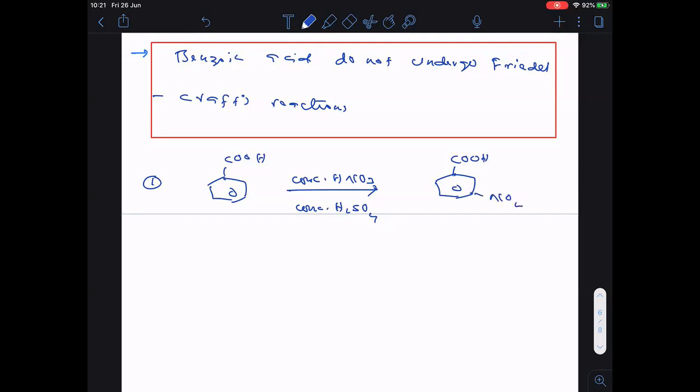Why? Because COOH is a meta directing group. And remember everyone, this compound is said to be meta nitrobenzoic acid.